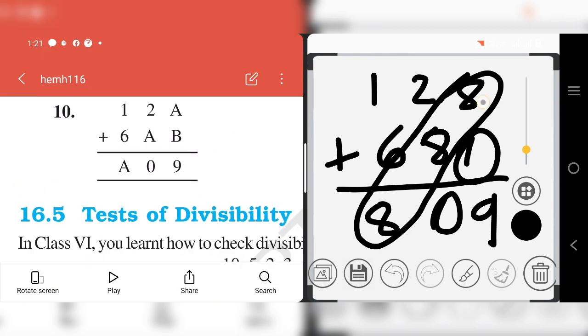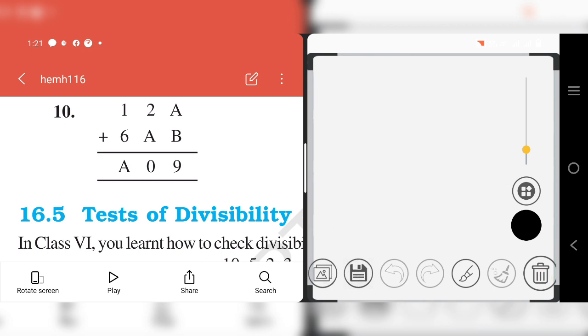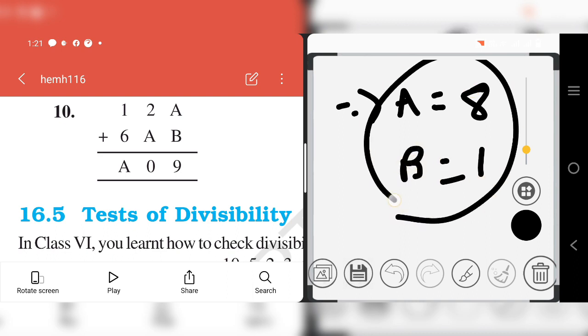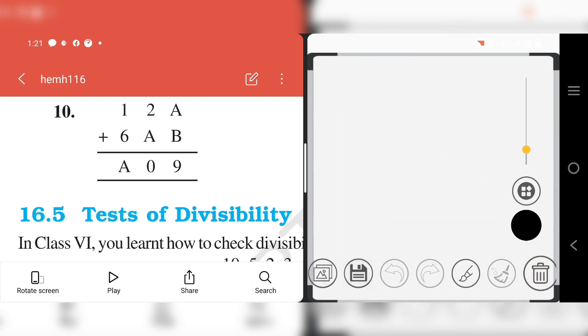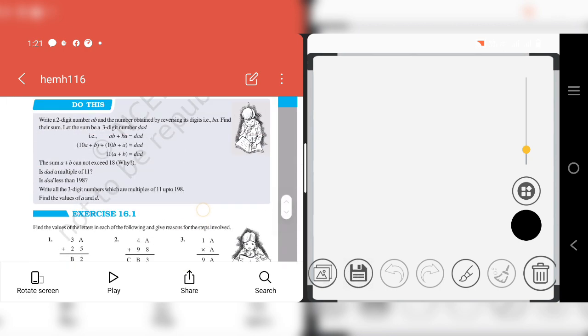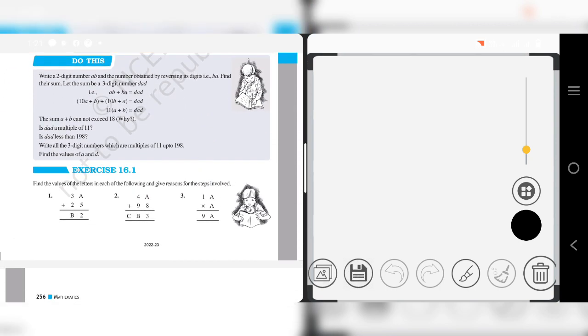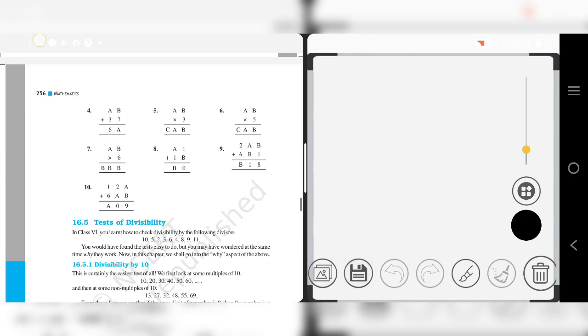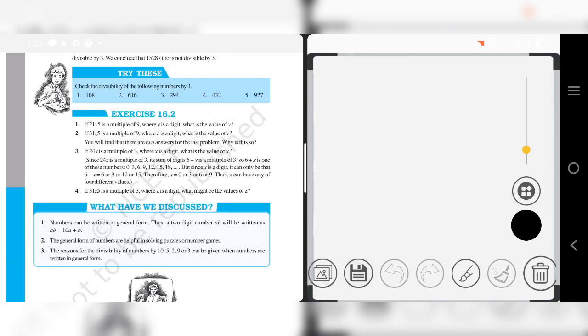So which implies the value of A is 8 and the value of B is 1. So we have found it. So we have finished exercise 1.1. It was so easy.